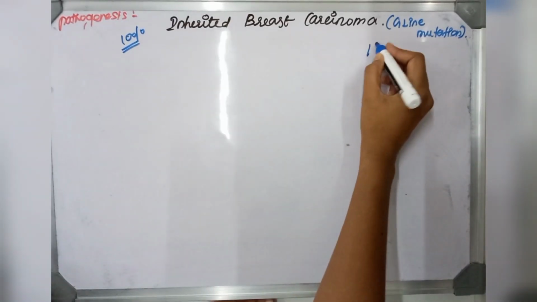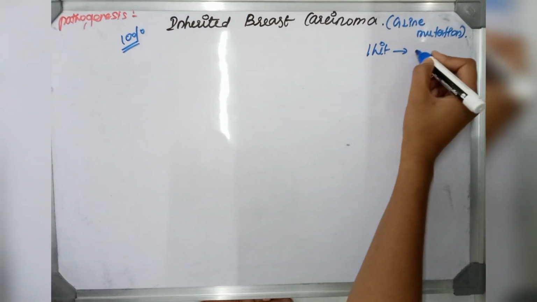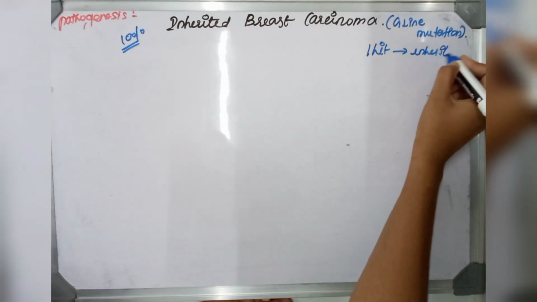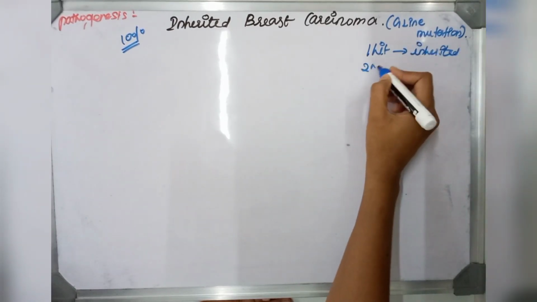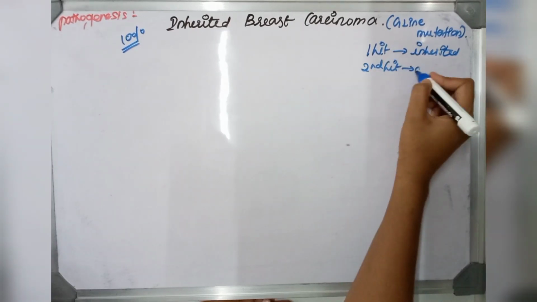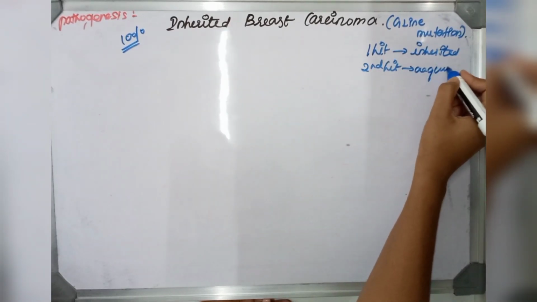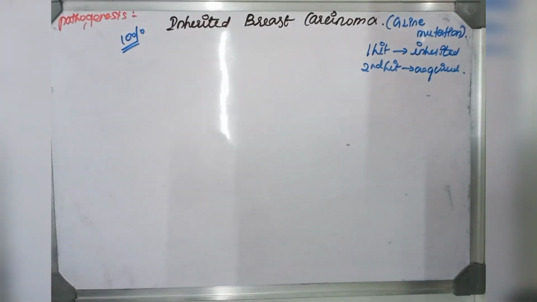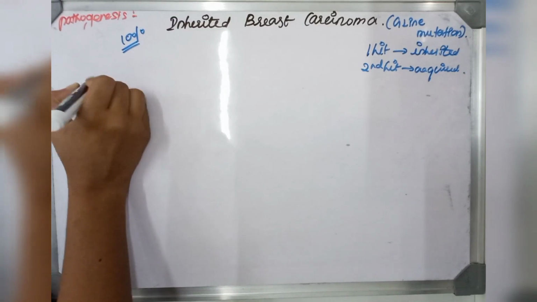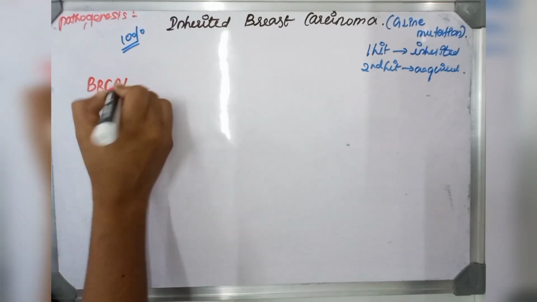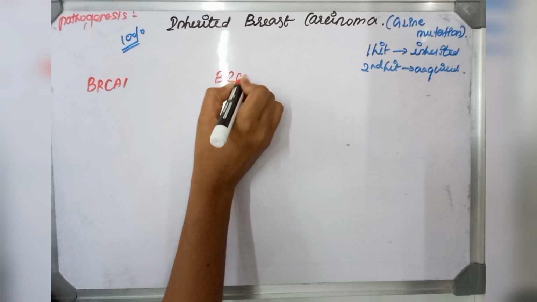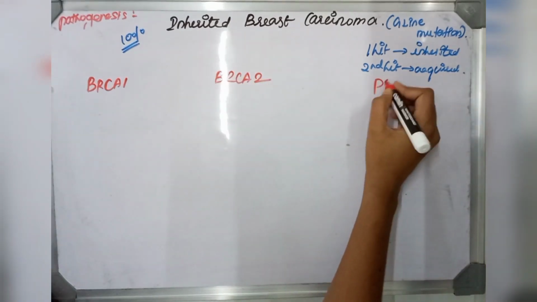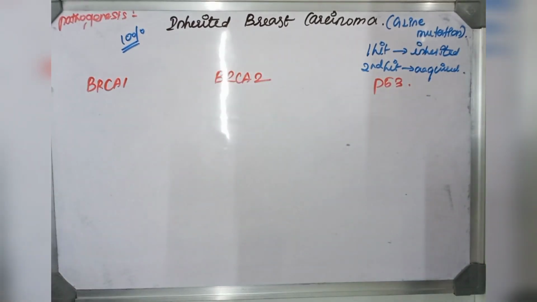The first hit is inherited, and the second hit is from an acquired condition. Here the inherited breast carcinoma is due to mutation in three important genes actually. The first one is BRCA1, BRCA2 and P53. These three are most important here.